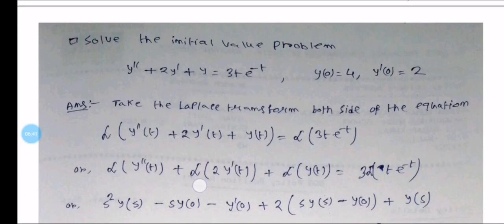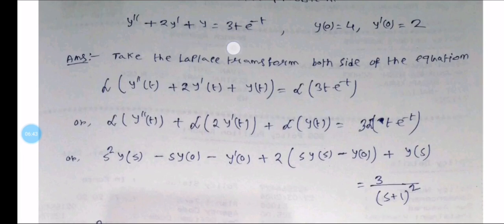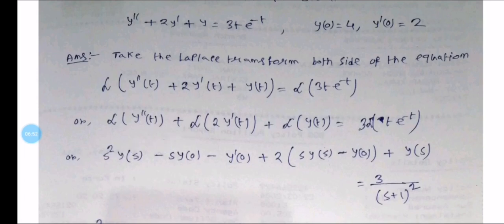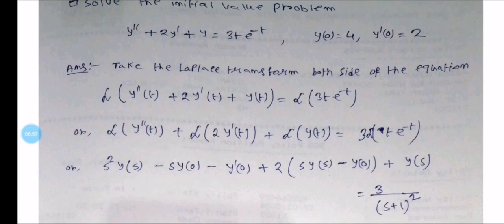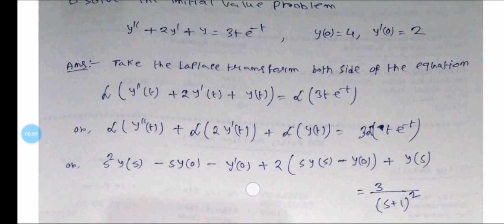So what we do, first we need to take the Laplace transformation of both sides. L of y double dash, the Laplace transformation of the second order derivative, is s square y of s minus s y of 0 minus y dash 0.